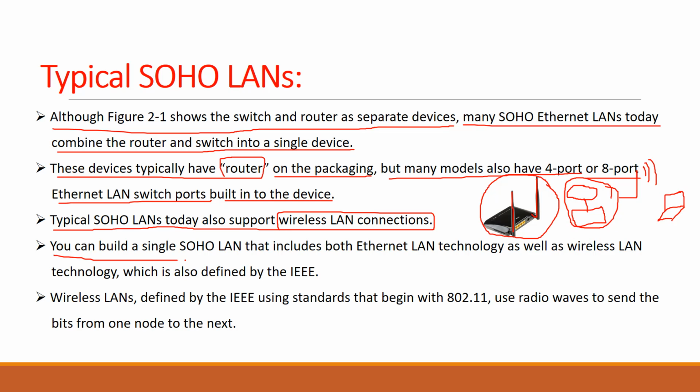So you can build a single small office, home office LAN that includes both Ethernet LAN technology as well as wireless LAN technology, which is also defined by the IEEE, as we mentioned in one of the slides: the Ethernet LAN is IEEE 802.3 and the wireless LAN technology is defined by IEEE 802.11.